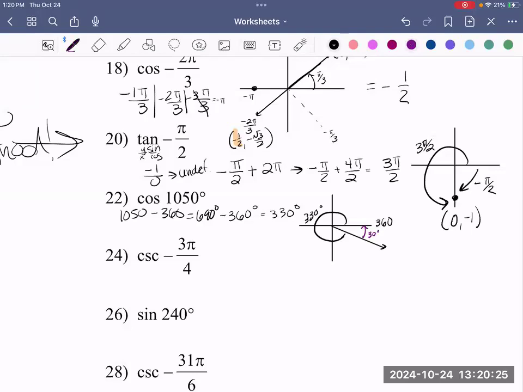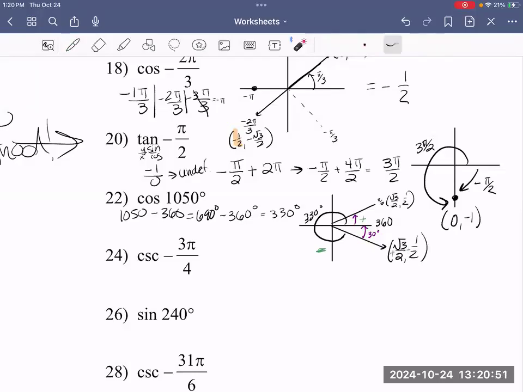So our reference angle is 30 degrees, that is pi over 6, which gives us the coordinate of root 3 over 2 and 1/2, meaning that we can take that same point over here and now change it so that we have a negative y and a positive x.